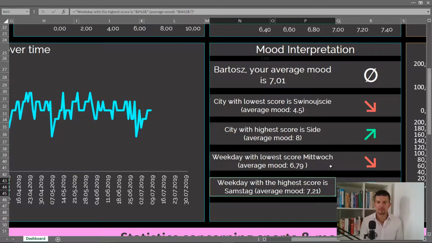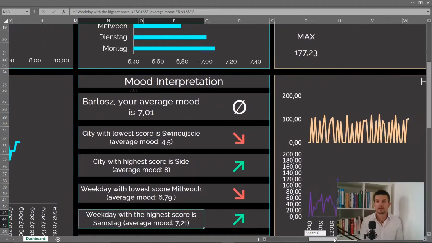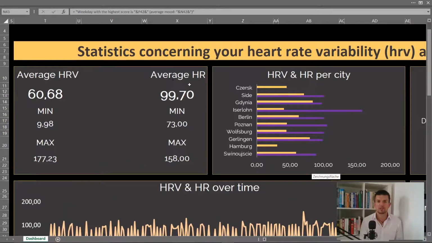Well, let's jump into the heart rate variability. It's the yellow part, and I will skip the heart rate because I'll focus on the heart rate variability. As discussed before, heart rate variability is an indicator of stress.